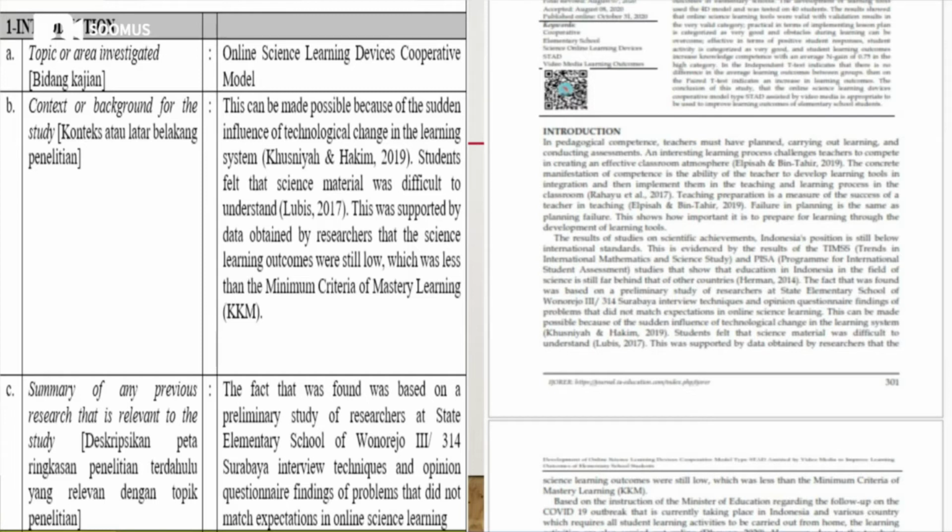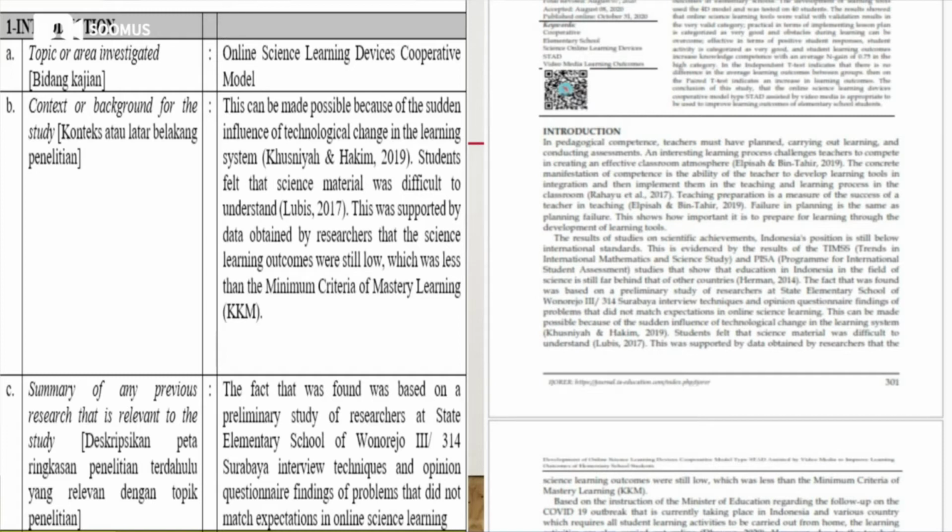And as we know, the researcher did online science learning devices with a cooperative model because learning outcomes were still low, less than the minimum criteria of mastery learning, and it is caused maybe by the influence of technological change in the learning system.